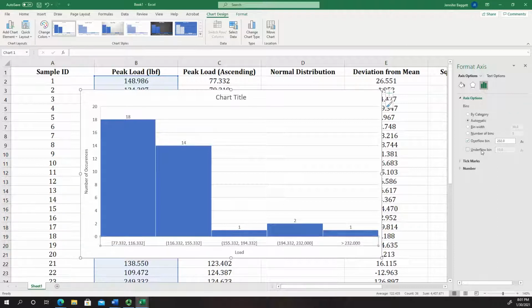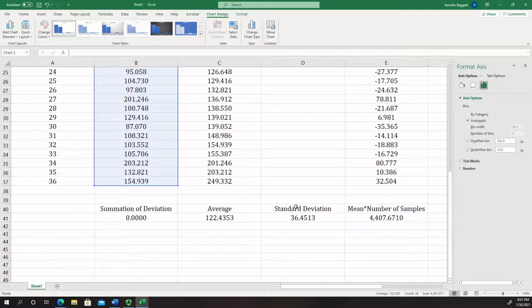If I click these overflow and underflow bins, then I can look at the approximate values for where I want to make those. So if it's 122 plus 36, that's around 158. So I can do an overflow bin at 158.